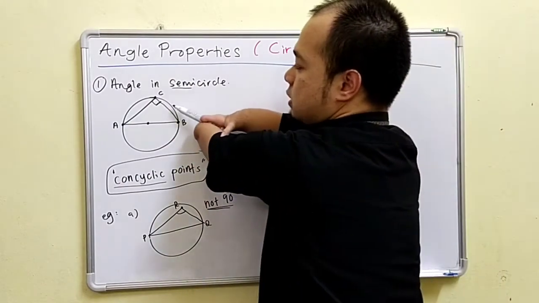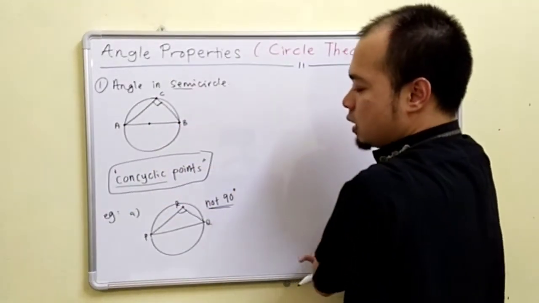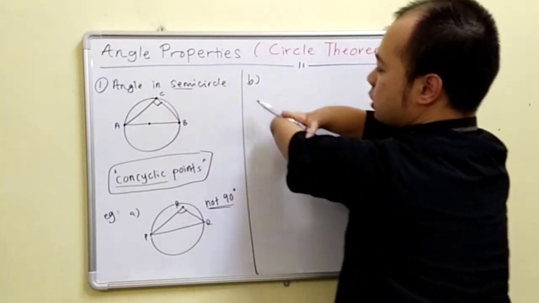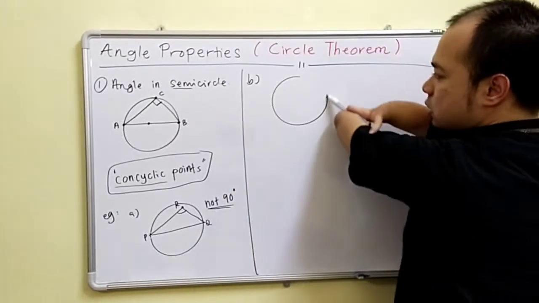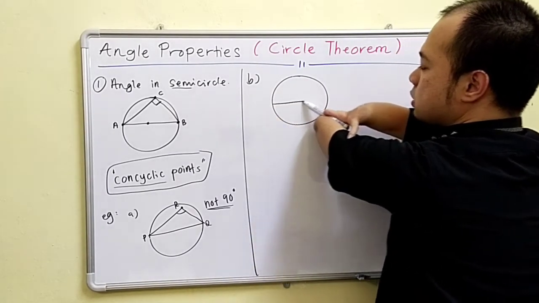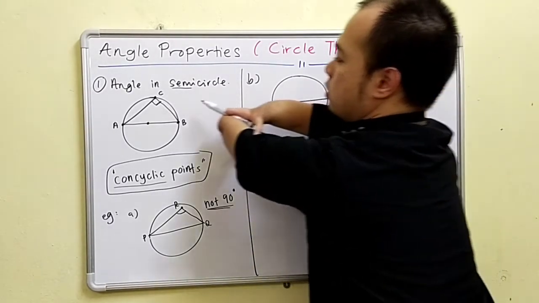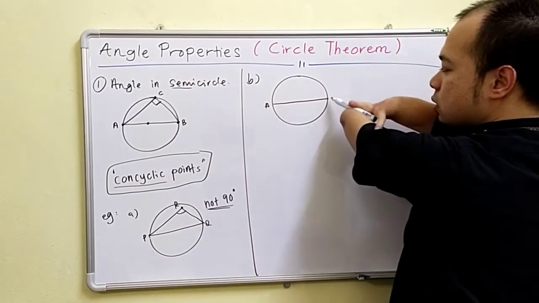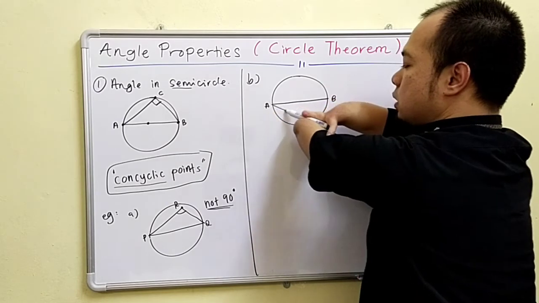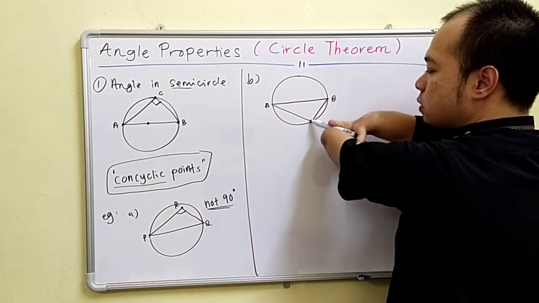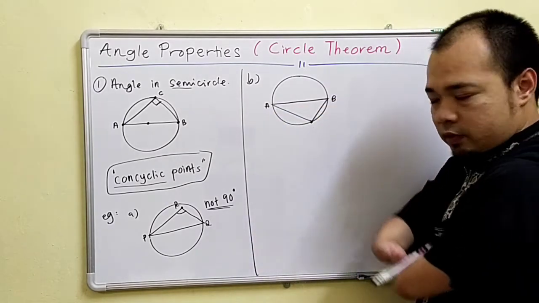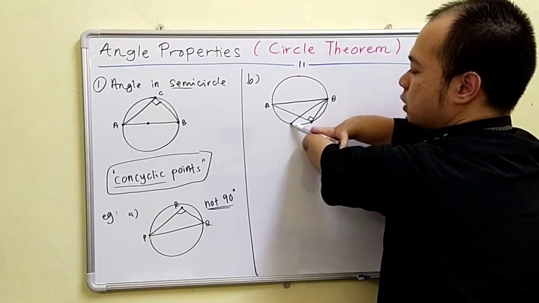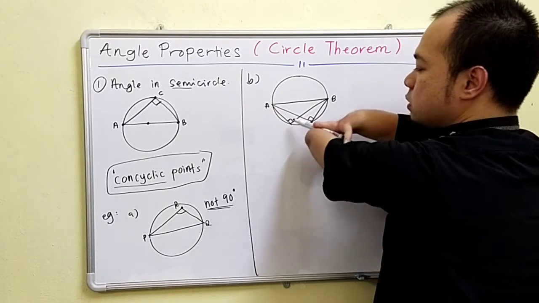Point C can be anywhere. It also can be like this. Example B, if you have the circle and this is the diameter, over here I put point C, right? Point C also can be down here, as long as it touches the circumference. So here is 90 degrees. It also can be here, this is also 90 degrees.